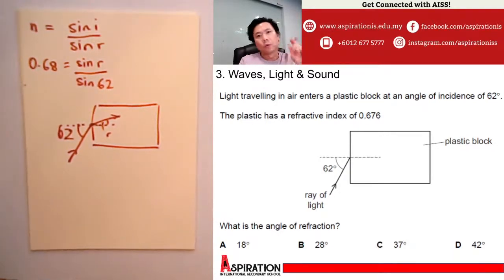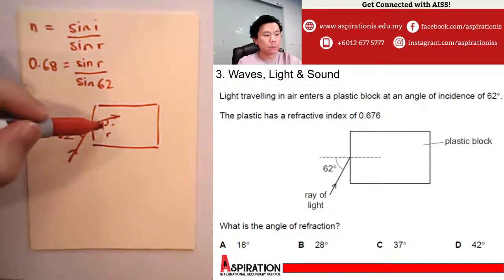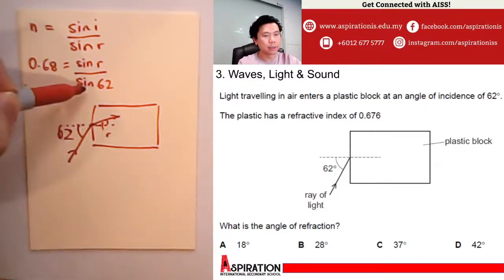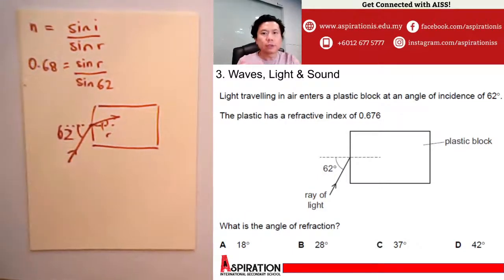So remember, when the refractive index is smaller than 1, you put the smaller angle on top and the larger angle at the bottom. But you need to find out which is the smaller and which is the larger angle, and to answer that question you will need to have a basic understanding of the refraction of light.